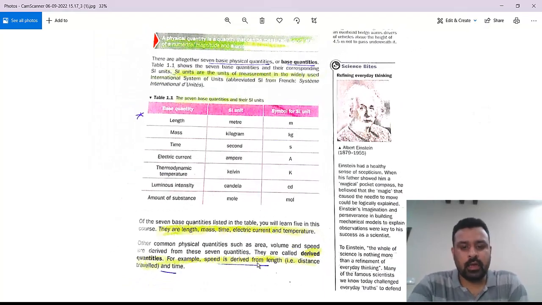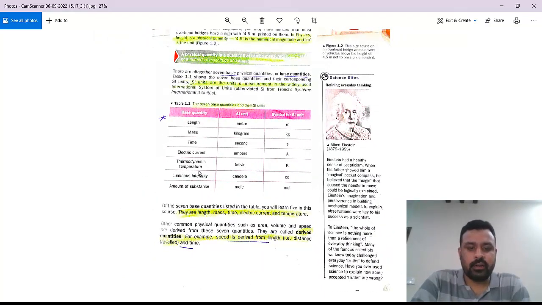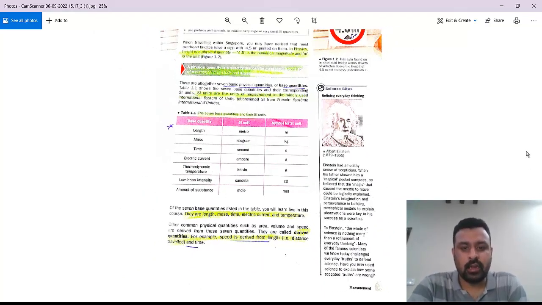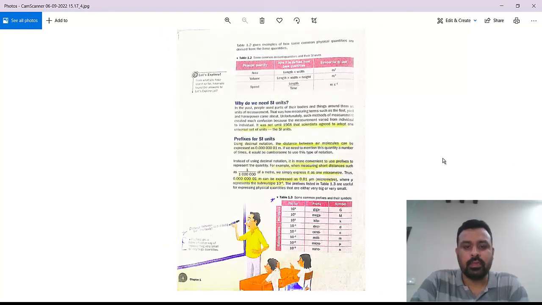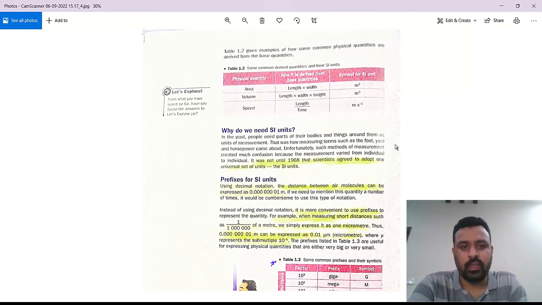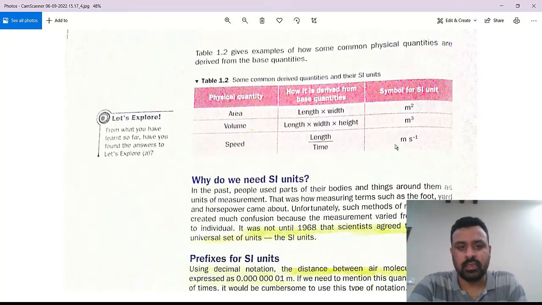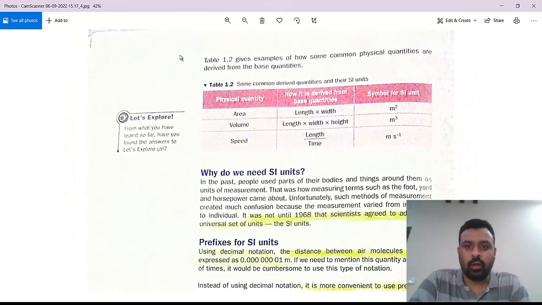Derived quantities are those quantities which are derived from base quantities, and there are numerous derived quantities. Some of the examples are mentioned in this Cavendish book, like area, volume, or speed. These are all derived quantities.